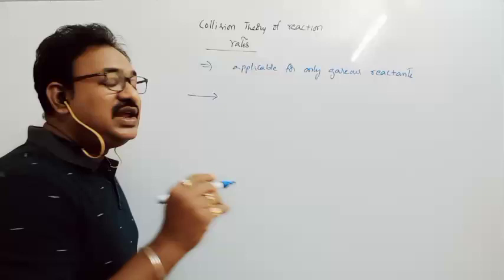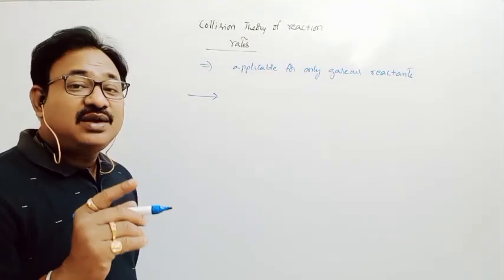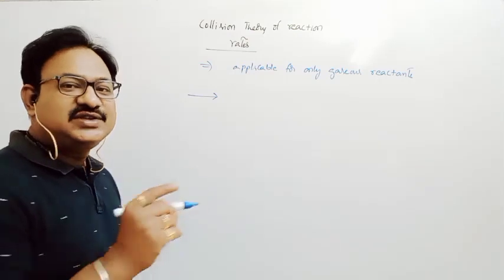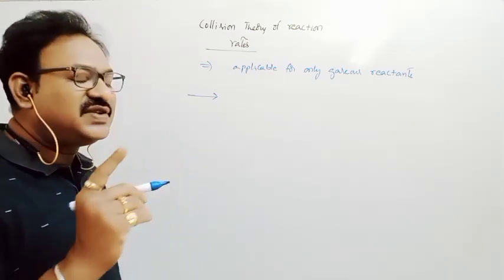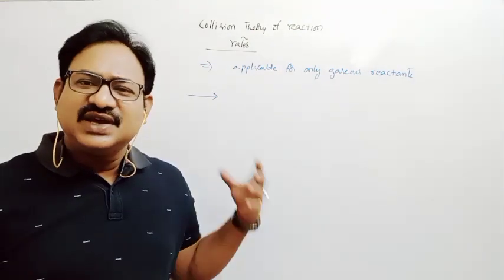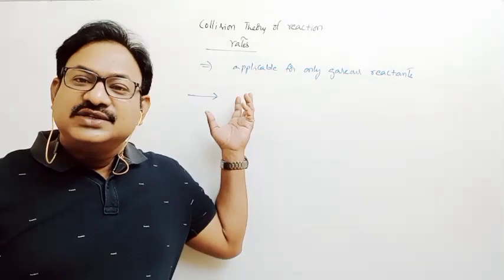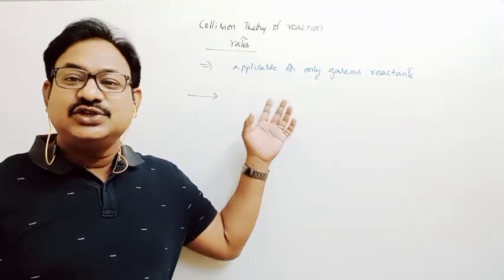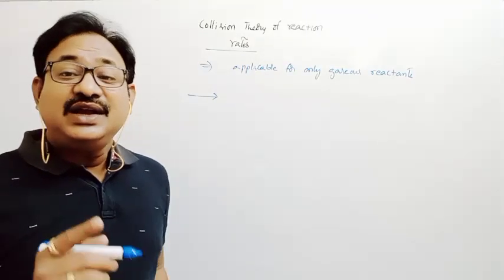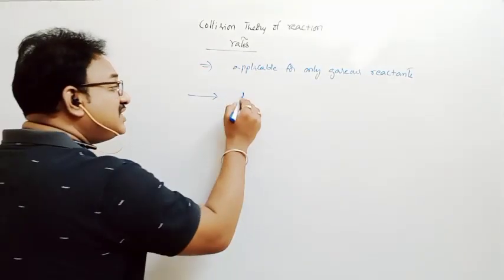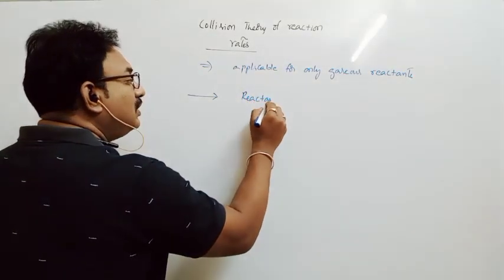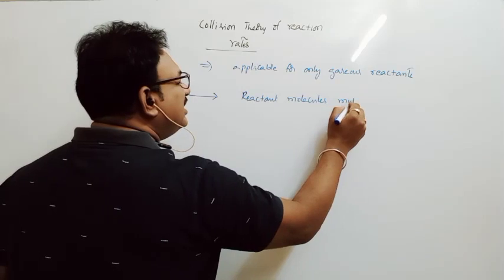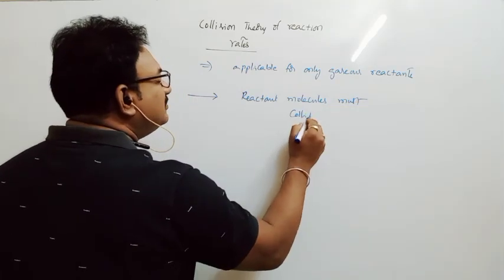Okay, for a reaction to proceed, the reactant molecules must collide with each other. First point क्या बोल रहा हूँ? What is the first point? It's a simple theory. Just I'll explain it like this. For a gaseous reaction to proceed, the reactant molecules must collide with each other.